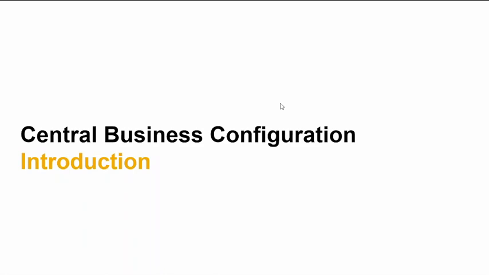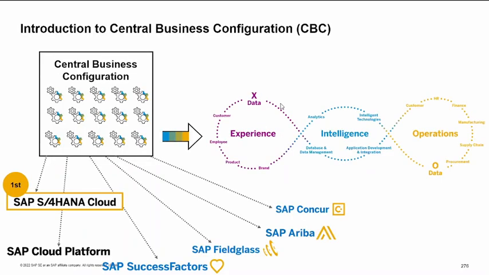Instead of working directly in your S/4HANA Cloud system for configuration using your Manage Your Solution app, you will have a new system in between called Central Business Configuration. And this is the idea behind this.